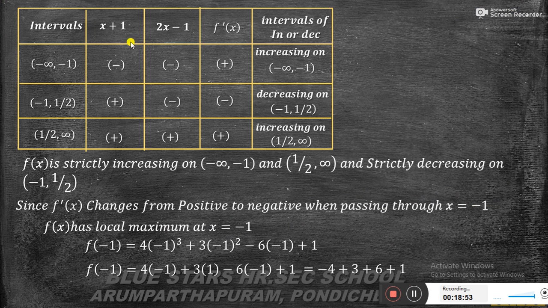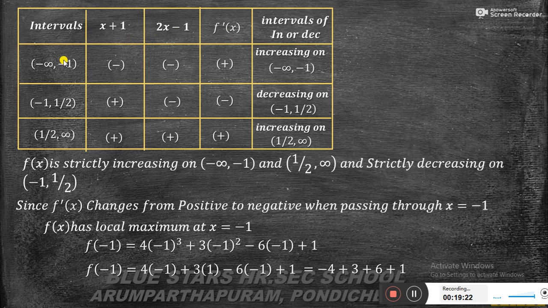So now I take a table: first the intervals column, with the intervals minus infinity to minus 1, minus 1 to 1/2, and 1/2 to infinity. Then I take the factors of f'(x): x + 1 and 2x - 1.